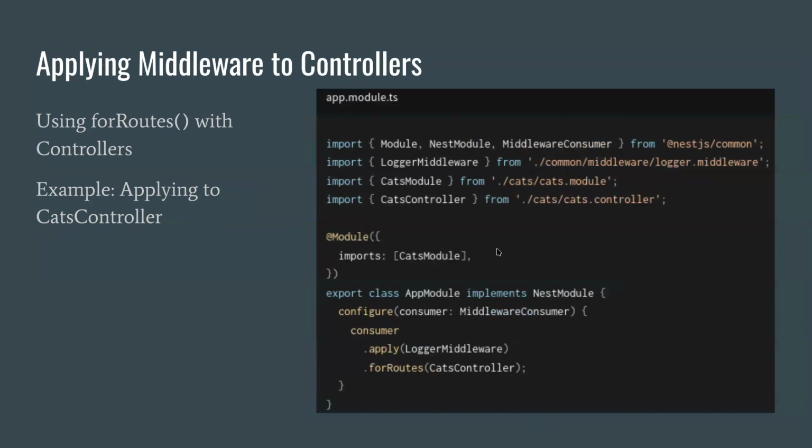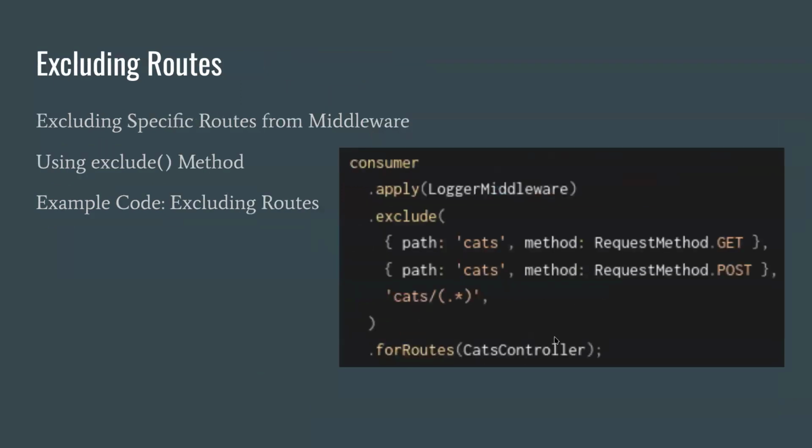Applying middleware to controllers. Instead of specifying routes as strings, you can apply middleware directly to controllers. Here we can see that we're applying the logger middleware to all routes defined in the CatsController. Excluding routes.